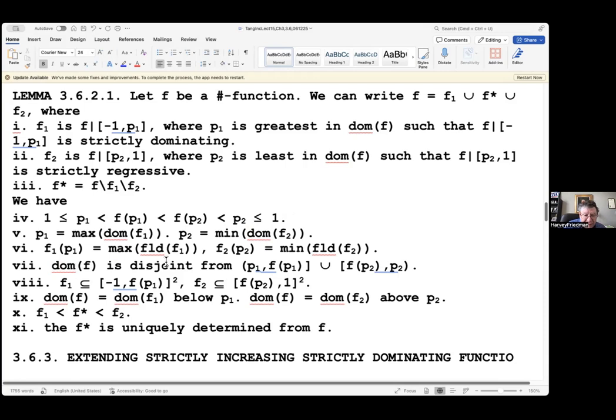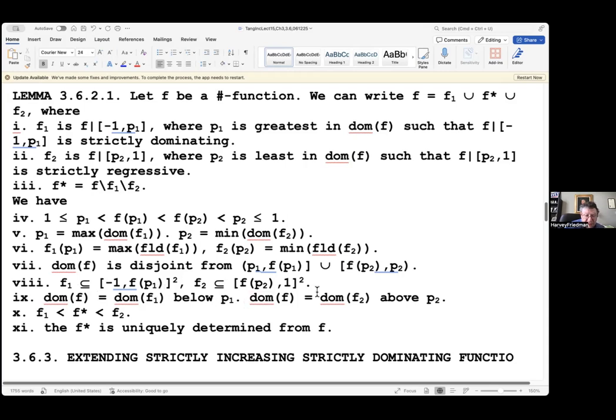The domain of F is disjoint. So in between P1 and F of P1, and in between F of P2 and P2, there is nothing in the domain of F. Nothing is in there. F1 is in the interval from -1 to F of P1 squared, and I guess that's clear from what I said earlier.